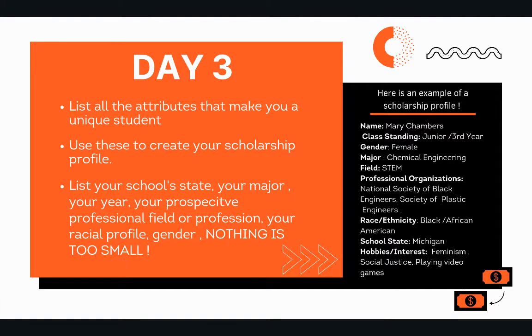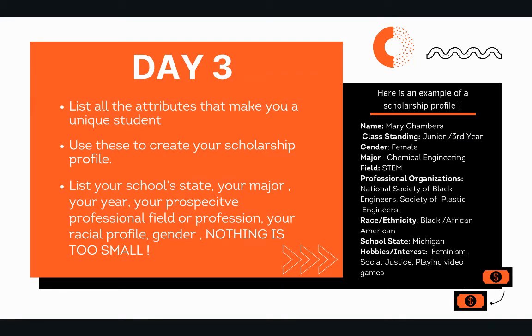So what I do before doing anything, or what I've done in the past, because I use it, is create my scholarship profile or my scholarship list. It's just a list of attributes that make me a unique student: my name, my class standing, gender, my major, the field that I'm going into, and everything else.